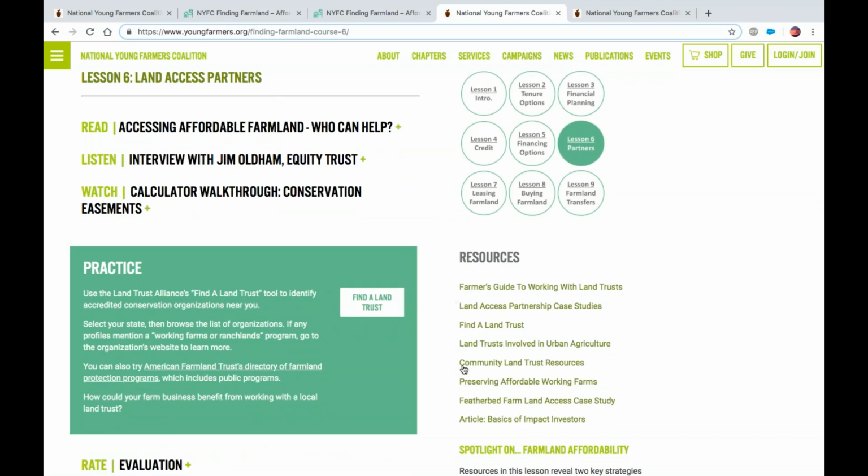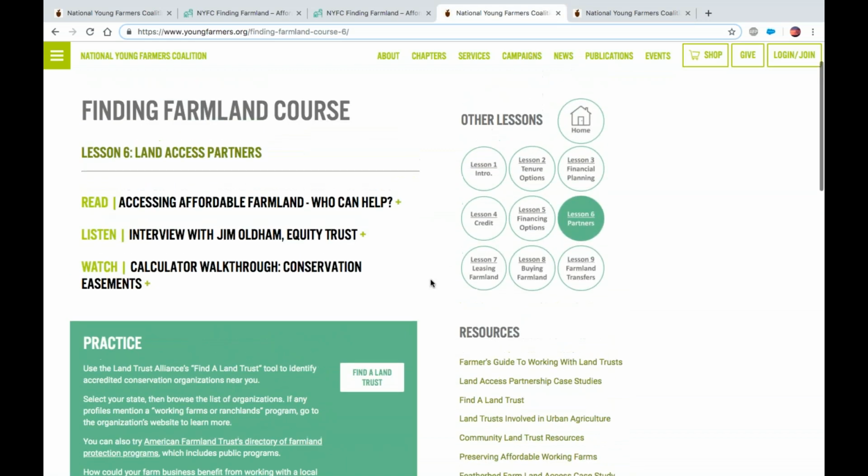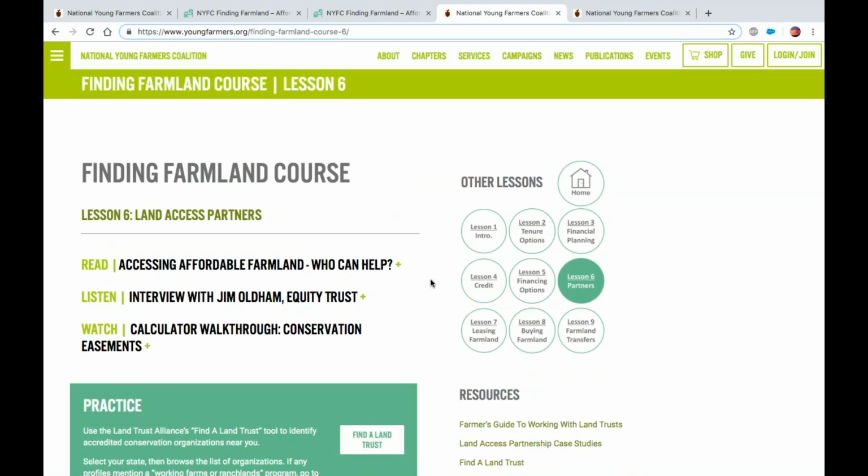And there's also some resources here about community land trusts, but that's, as Leo was mentioning, that ground lease model is just a way that a land trust or another kind of entity that's got a long-term, cooperative presence, a great way to work with an entity like that, especially in a place like California where the property is just very expensive, but there's great markets for local food and great markets for agriculture in general.